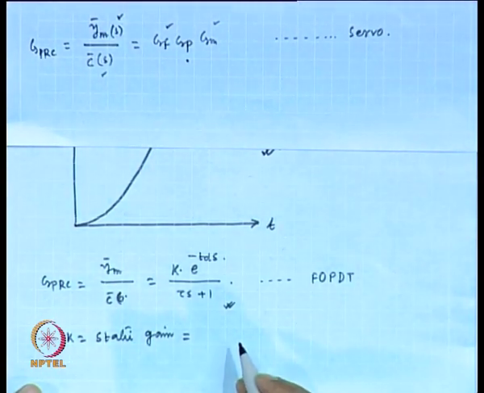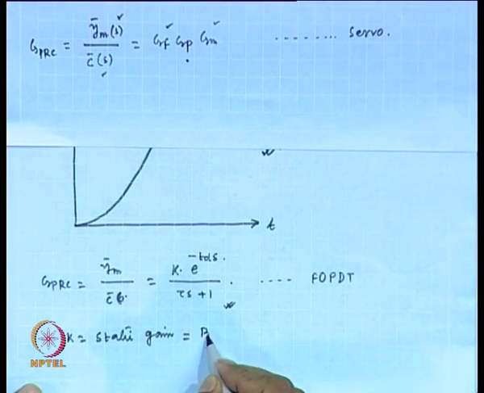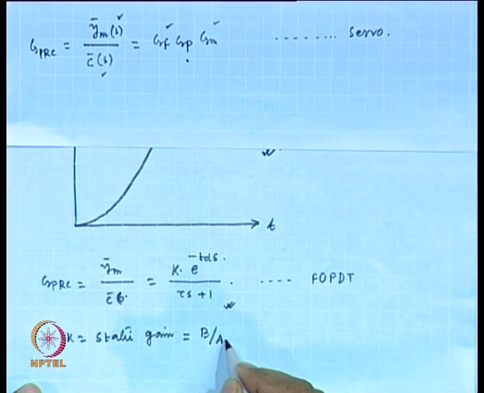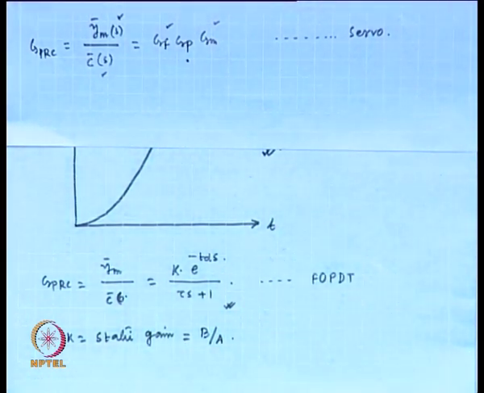Change in output, that is B, divided by change in input, that is A. Agree? Gain is the change in output divided by the change in input.